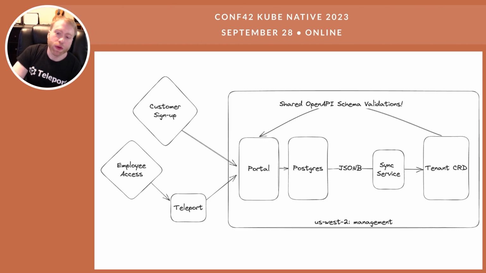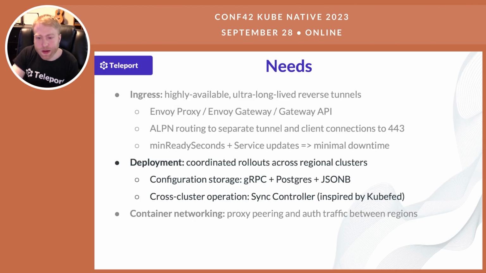So we don't end up with a CRD that wouldn't apply to the cluster getting stored in the database. And that was surprisingly easy to do using the open source tooling for OpenAPI available on GitHub. And so that covers the way we do our coordinated rollouts across clusters.